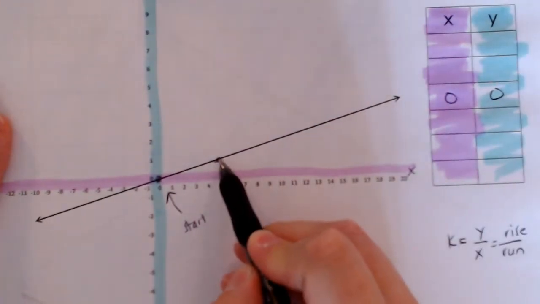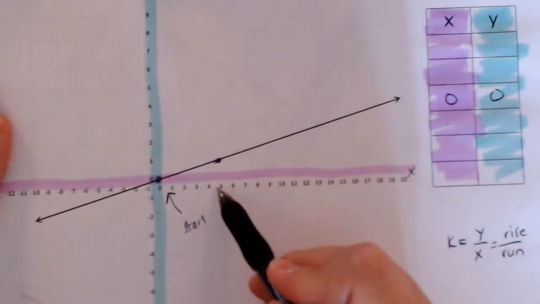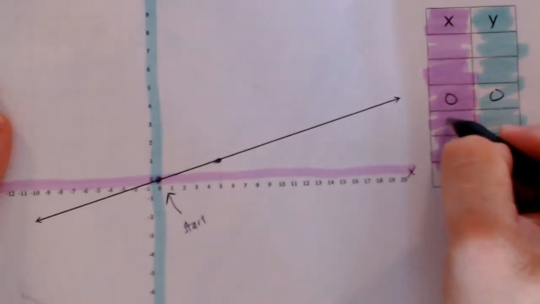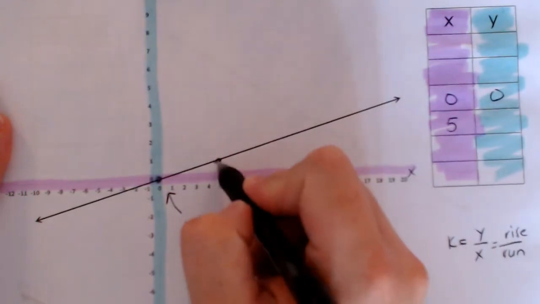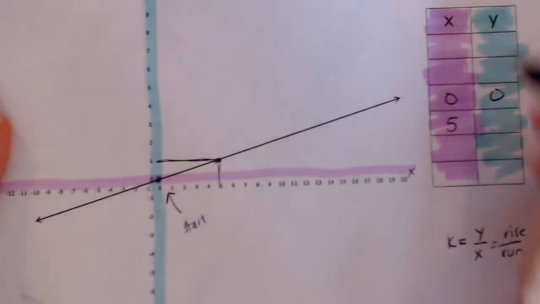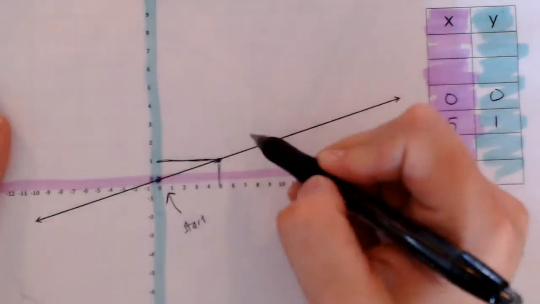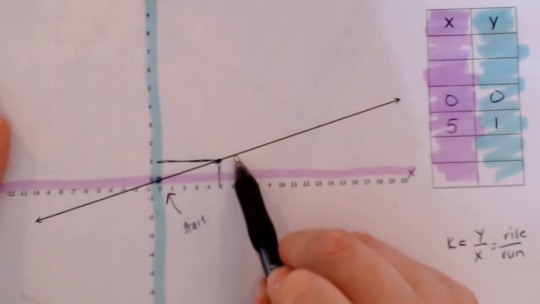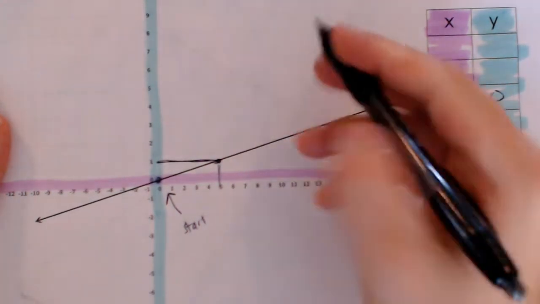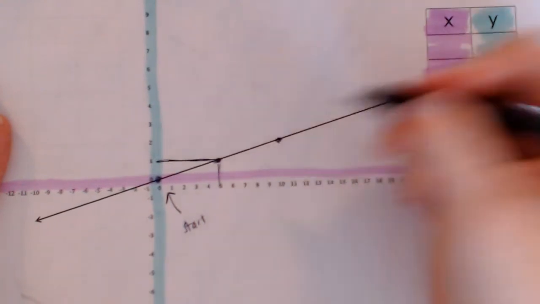What's this point's name? Well, you have to put the x in first. So it falls right here on 5. It partners up with 1 as the y. I keep traveling until I run into my next coordinate, which meets right here in that corner.